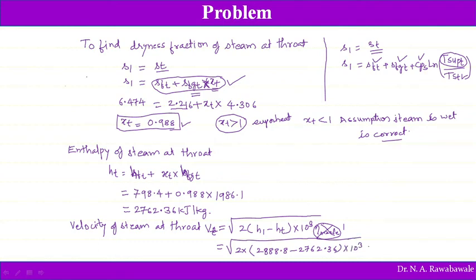So on simplification we get the velocity of steam at throat as 502.87 meters per second. So velocity of steam at throat Vt is equal to 502.87.